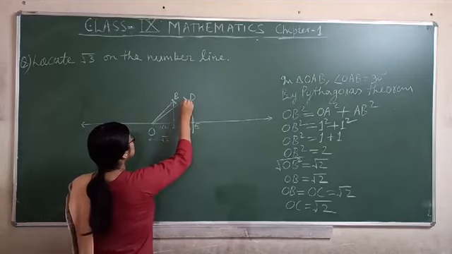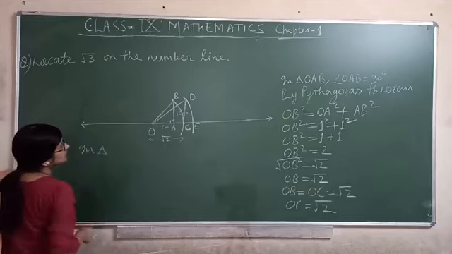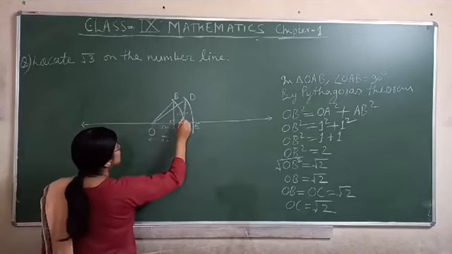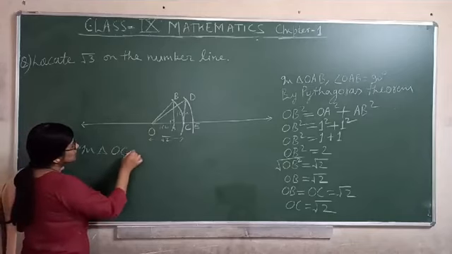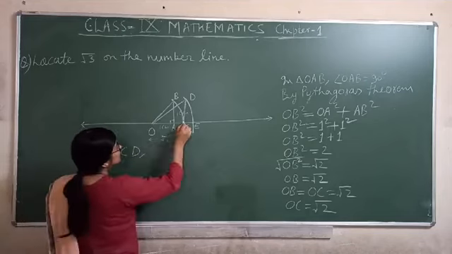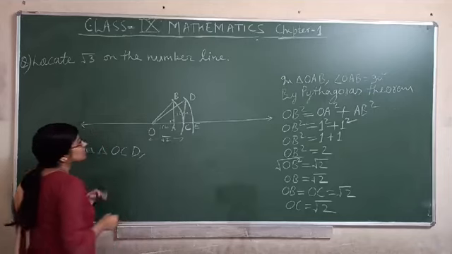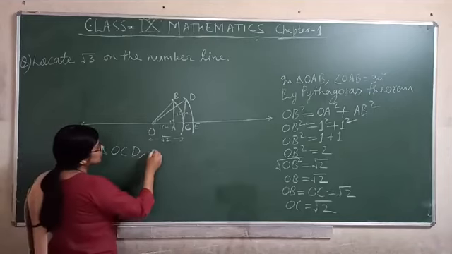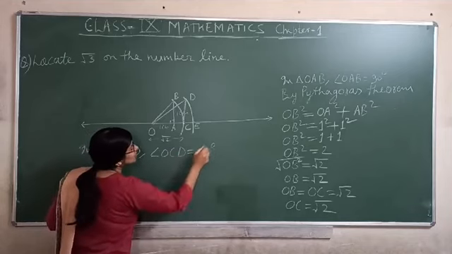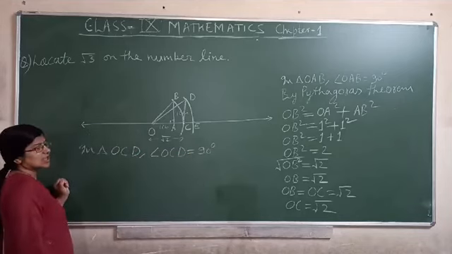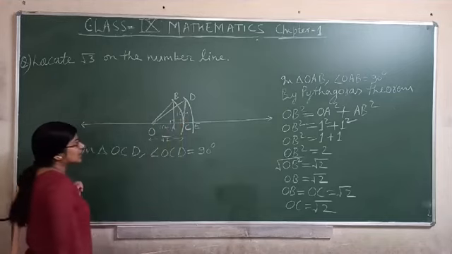We will take this triangle OCD. This OC is perpendicular to CD, or CD is perpendicular to OC. So angle OCD equals 90 degrees. Okay, OCD is a right angle triangle.